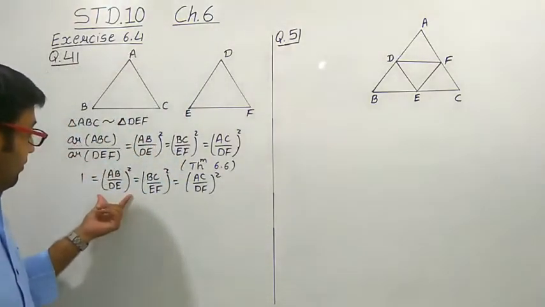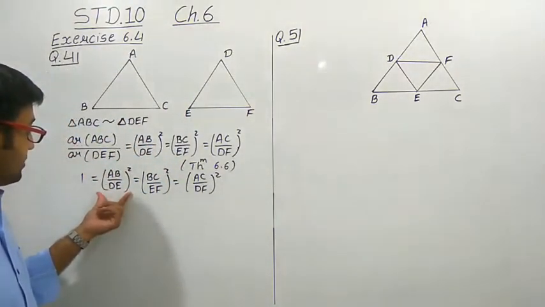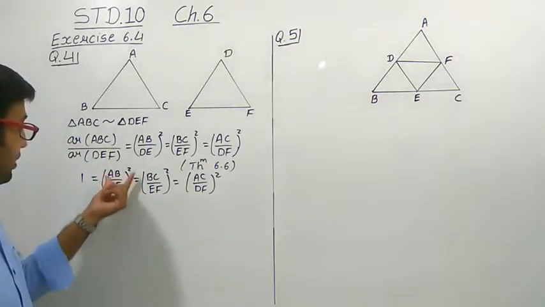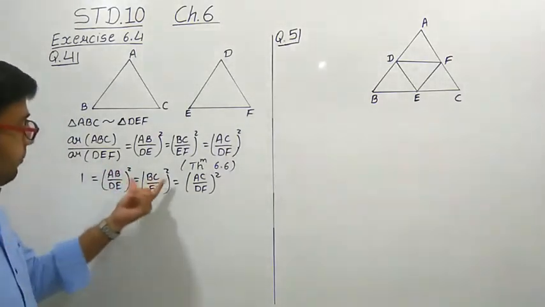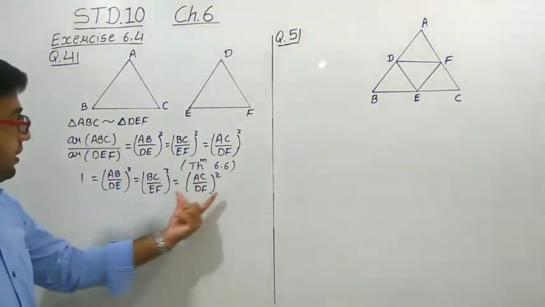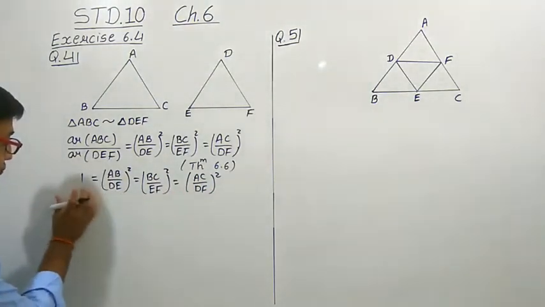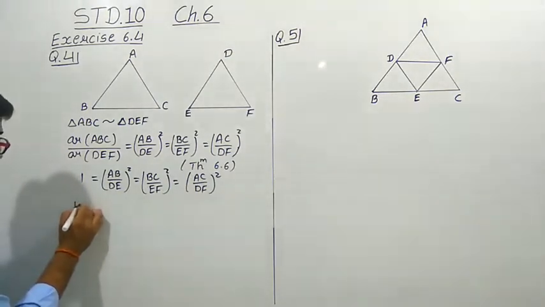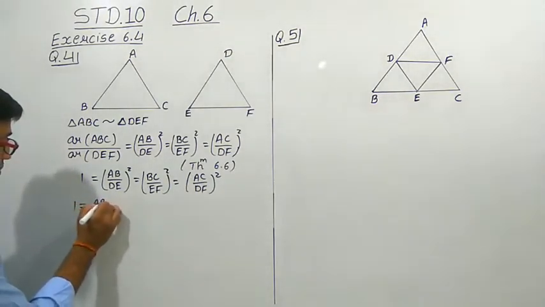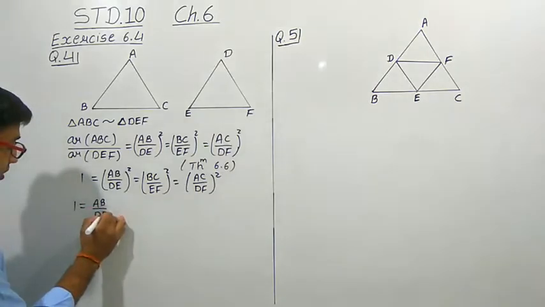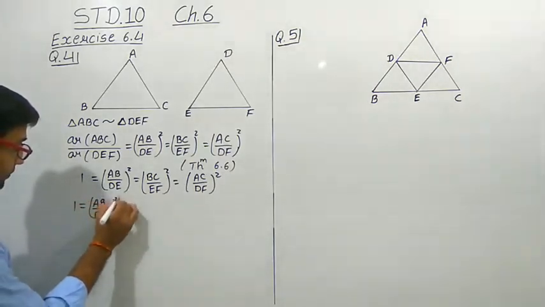So see, one by one we can now compare this ratio, AB upon DE whole square, with 1. Then we compare this ratio with 1. Then we compare this ratio with 1. So when we compare this ratio with 1, what will we get? We get 1 is equal to AB upon DE whole square.